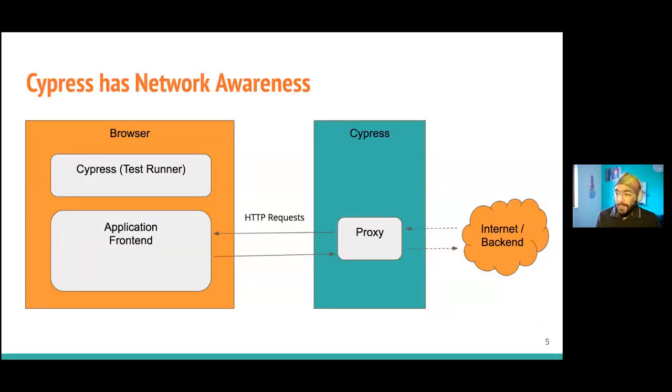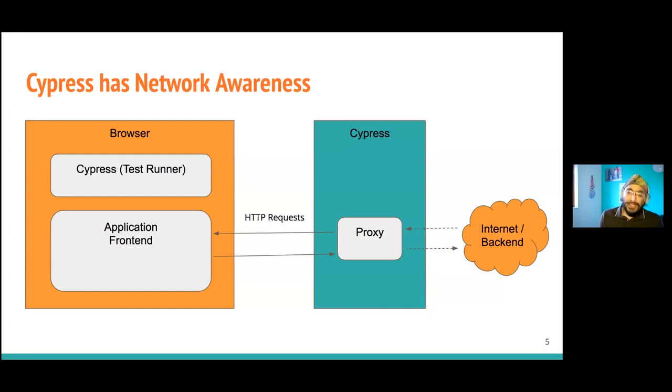Before we go ahead, Cypress is different from a traditional Selenium-based test tool. The difference here is that Cypress is aware of the network requests being made from the application.